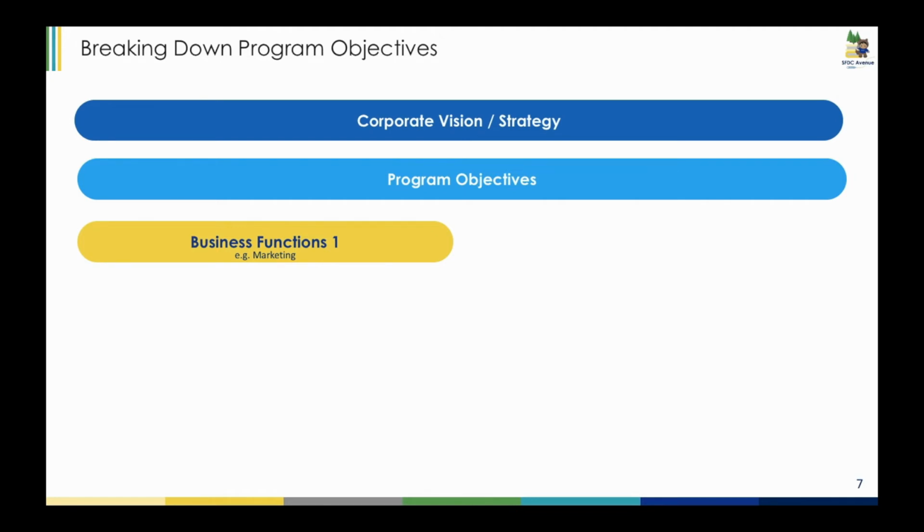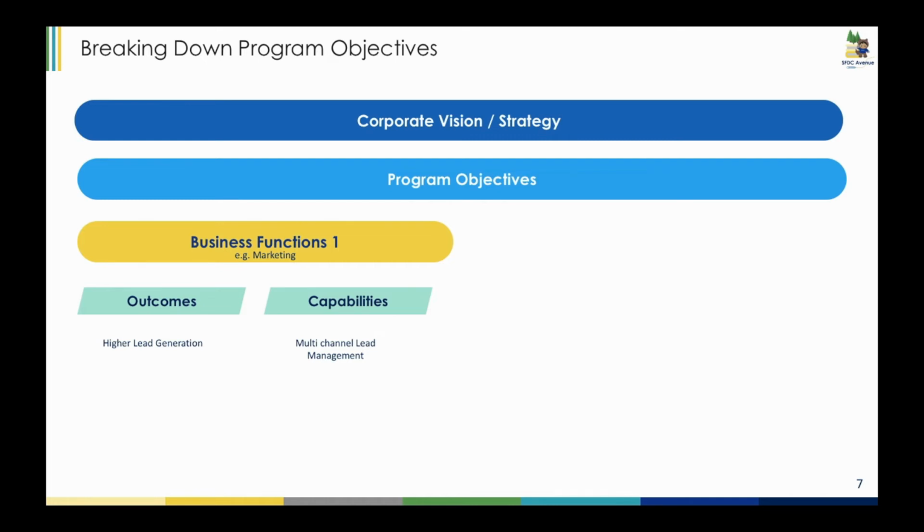So let's say for any program, there might be multiple business functions. For example, I have shown the marketing business function here. There might be sales, HR, finance. So for a particular business function, what is the outcome that the customer is trying to achieve? We should understand that clearly. Then, what are the capabilities that the customer is trying to enable?